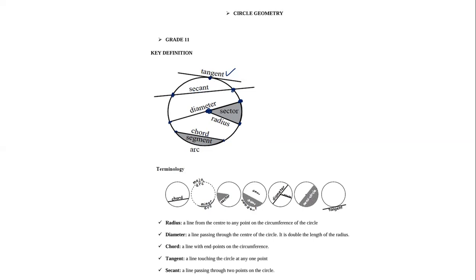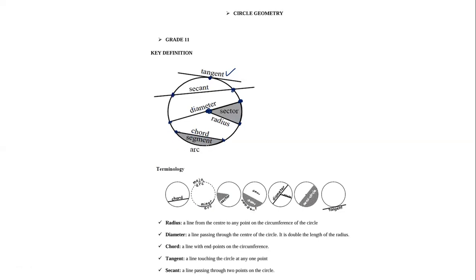And look at the chord. The chord is also different from the diameter. How? I understand that a diameter is inside of the circle, circumference to circumference inside of the circle. The same applies to the chord. It is inside of the circle, circumference to circumference. But look at the diameter. The diameter passes through the center, but the chord is not passing through the center. So be able to distinguish all of these lines, okay?